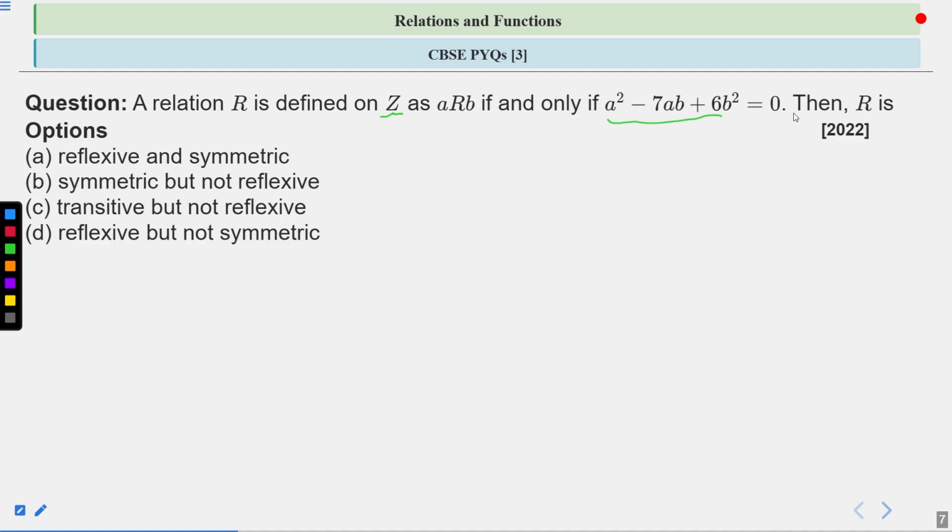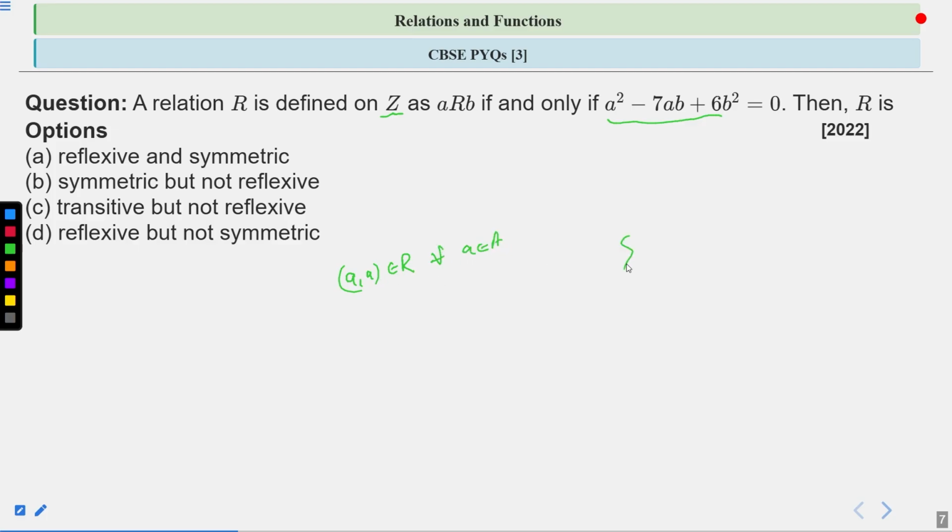So again, I am repeating the conditions of reflexivity, symmetricity, and transitivity. What was the condition of reflexivity? (A,A) should belong to R for all A belonging to the set. Got it?